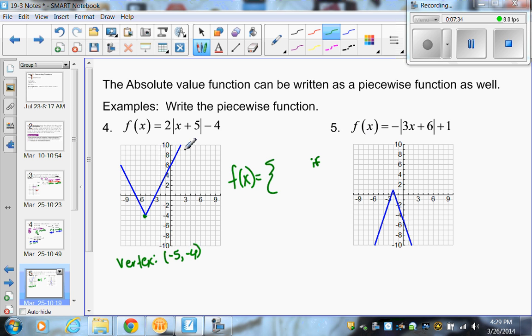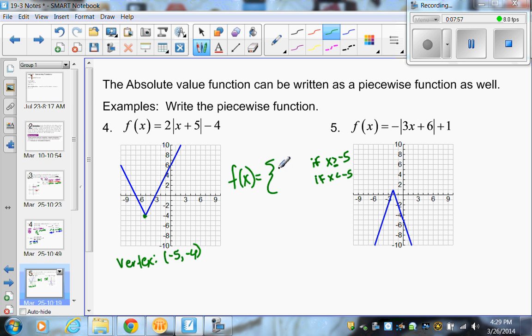That's just a preference. So if I start with the right side first, this is always going to be x is greater than the x-coordinate of the vertex, which is -5. And that means the other one has to be less than the x-coordinate of the vertex. And one of these gets the equal sign. It doesn't matter which one.